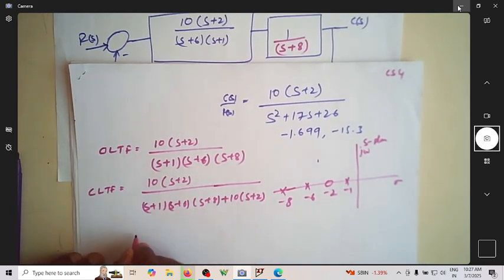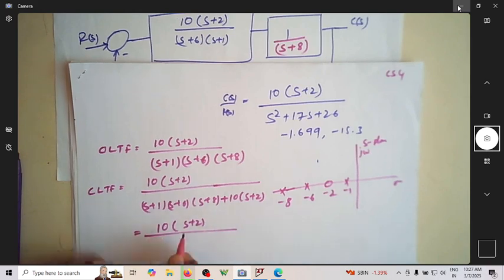Now we need to solve for this. Upon solving, what is the product?